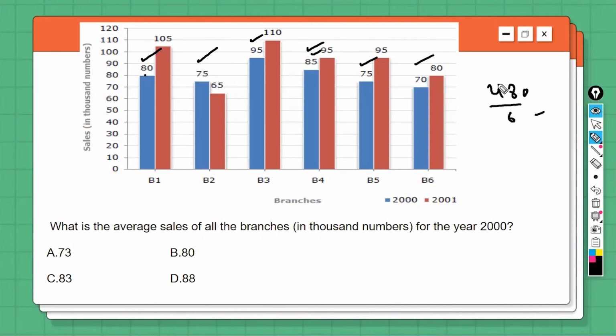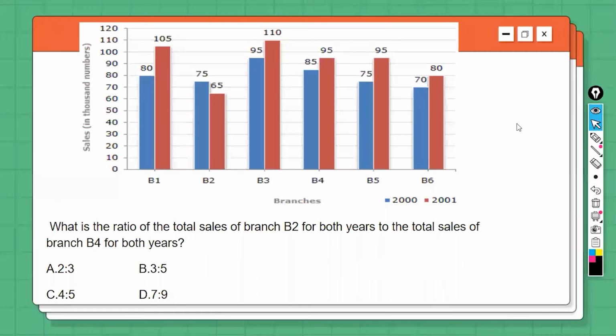So it should be the right answer. Even this calculation is easy for this problem because the numbers are bulk numbers. The other way, if the numbers are difficult, then you can just use the method which I've just told you. Okay. Now we just solve a few problems based on pie charts.